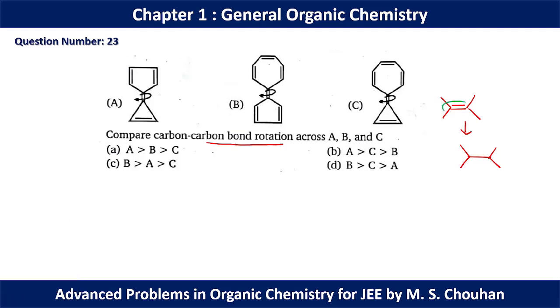Now, if we have to make this double bond to a single bond, we have to dissociate this pi bond and we have to form some charges. Now, if the charges are stable, then we can easily dissociate this C double bond C, and the final molecule can exist with a single bond and two charges, and then the carbon-carbon rotation will become easier.